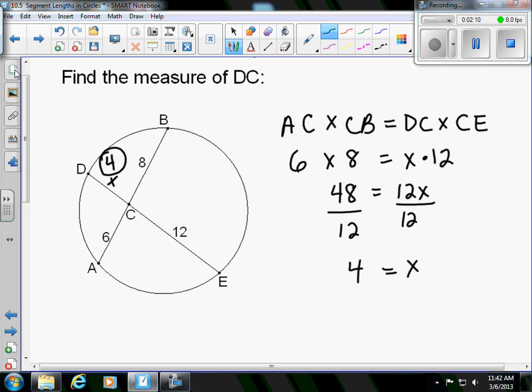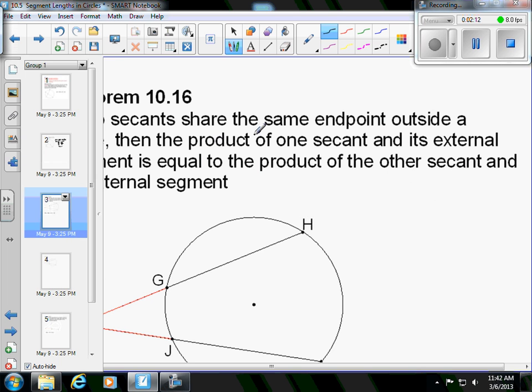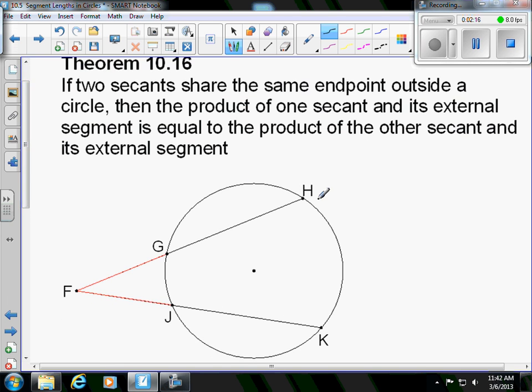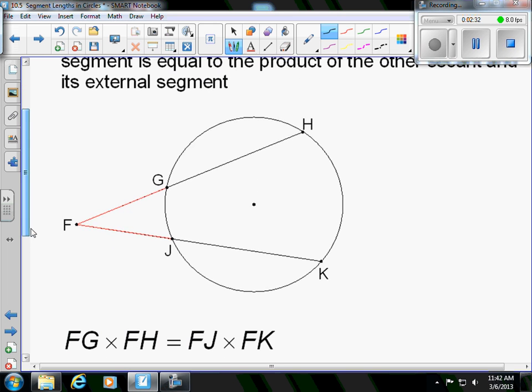All right, so let's move on to the next theorem. If two secants share the same endpoint outside a circle, then the product of one secant and its external segment is equal to the product of the other secant and its external segment. And here is the formula for that.